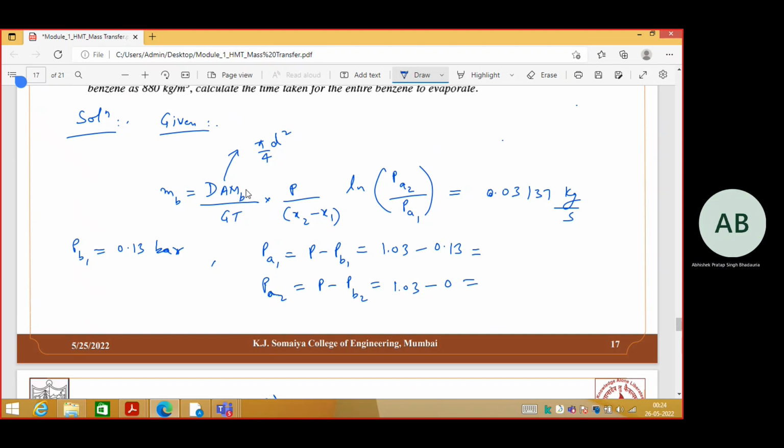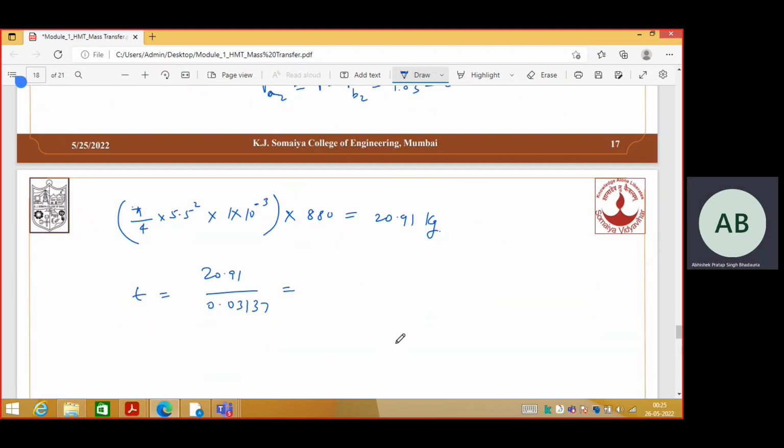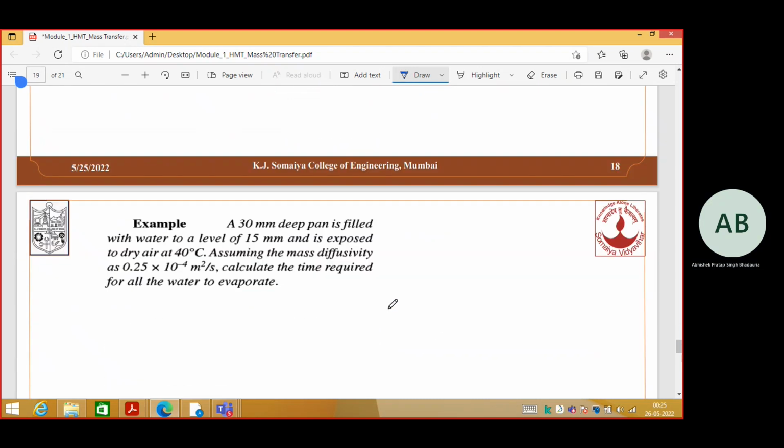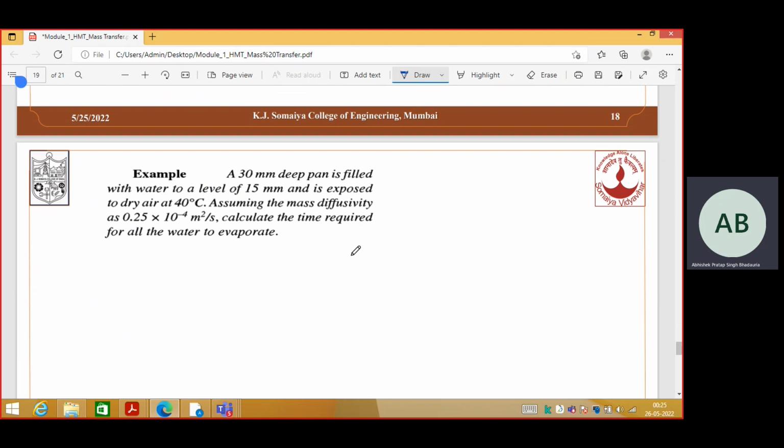For calculating this, this MB is 78. We put all these values, so we'll be able to find this. The calculated answer is 666.24 seconds. So this is the answer. In a similar fashion, we can solve the other problem also.